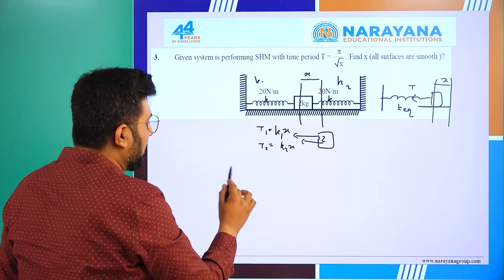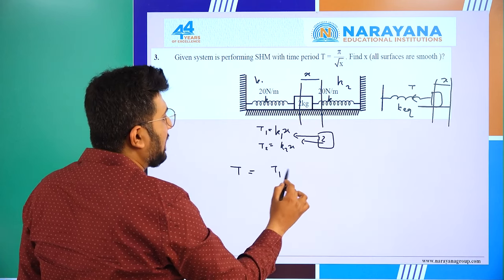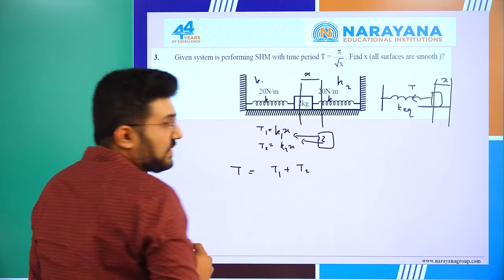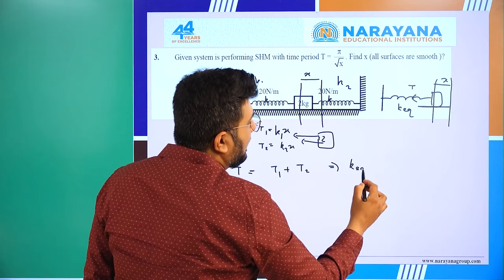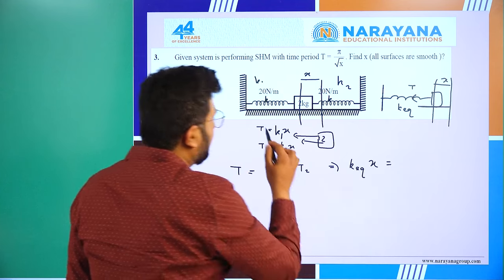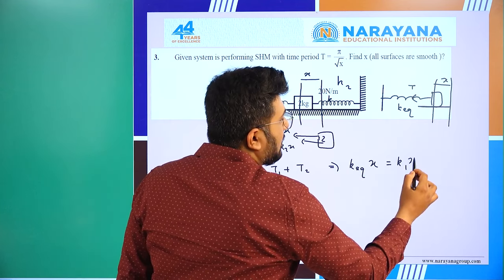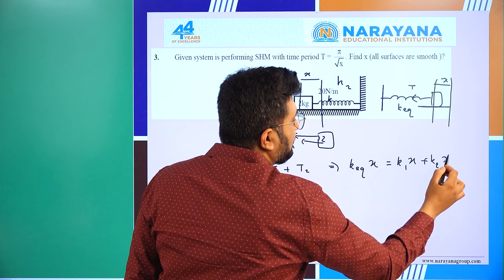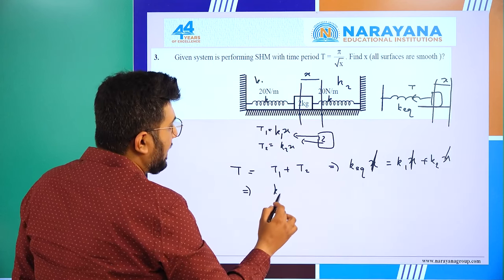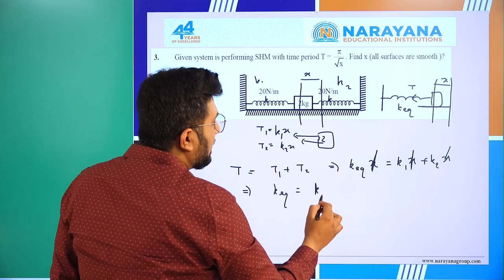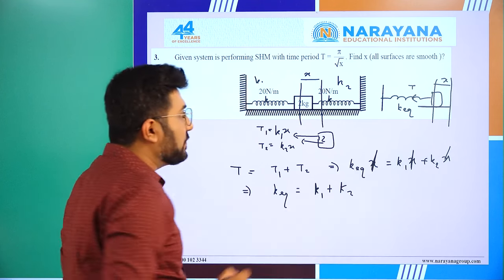So I will say T has to be equal to T1 plus T2. So if T equals T1 plus T2, which implies K equivalent into x equals K1x plus K2x. x cancelled, which implies K equivalent equals K1 plus K2.